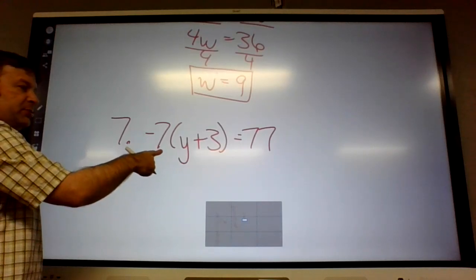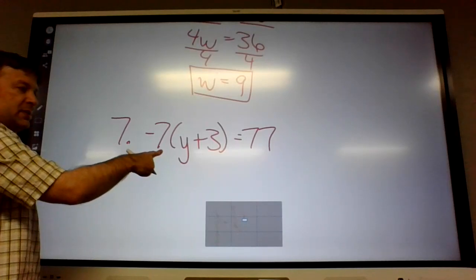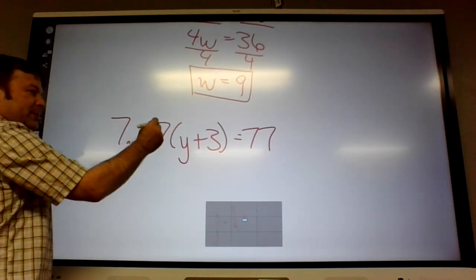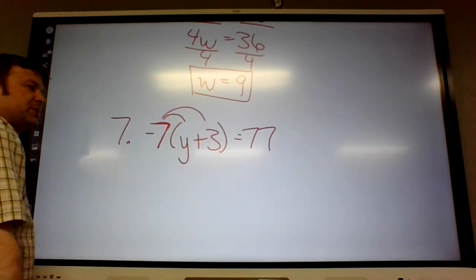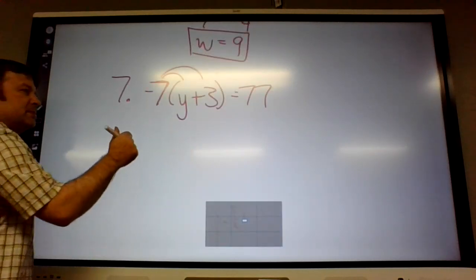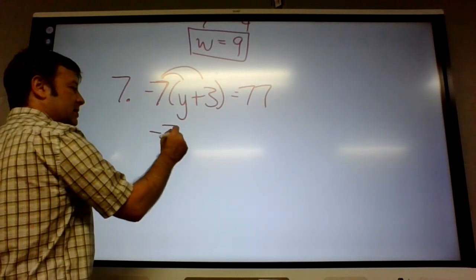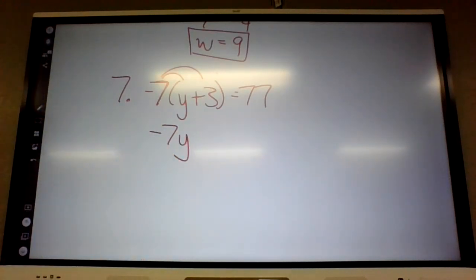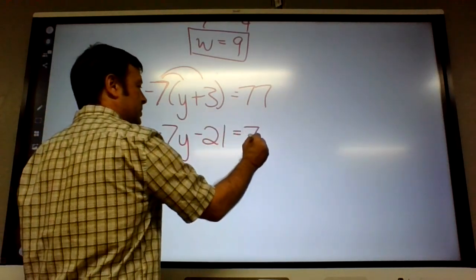So actually you could divide both sides by negative 7 since this is multiplied to the left side. But I think it'll probably be less confusing if we go ahead and use the distributive property because we're used to that. Yeah, so we'll multiply it out. So negative 7 times y is negative 7y, and negative 7 times 3 is negative 21.